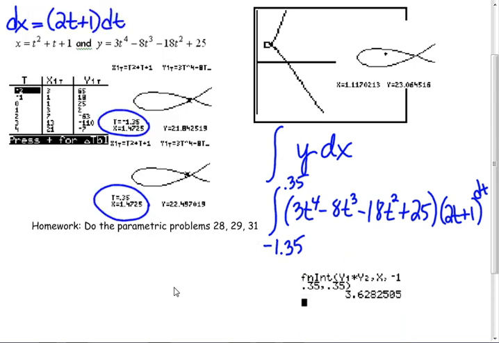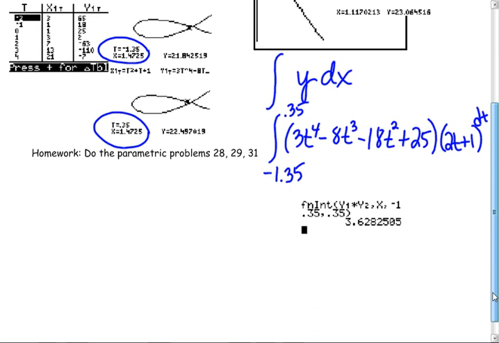Guess I don't have to worry about the fact that I went backwards. No, I did y2 multiplied by y1. y1 times y2. It's right here. 3.628. I think I'm going to check it with the book.